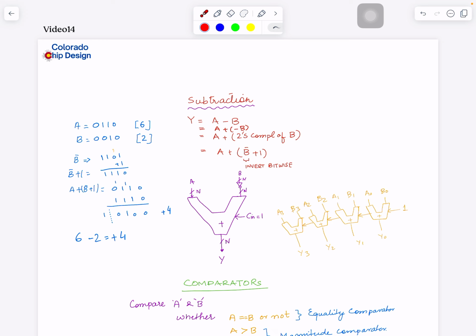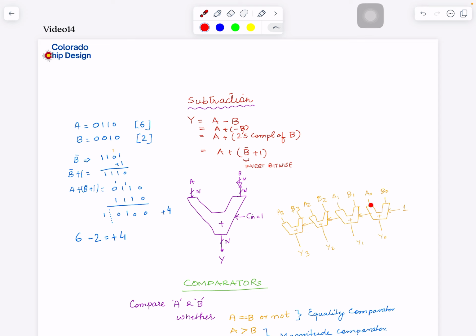So you have a 4-bit adder because there are 4 bits in each number. And for each adder you have A0, B0, A1, B1, A2, B2, A3, B3. Now you're probably thinking, this is just an addition.